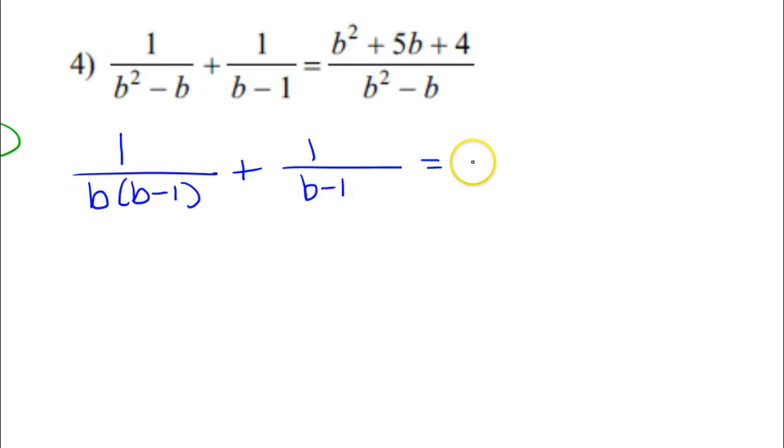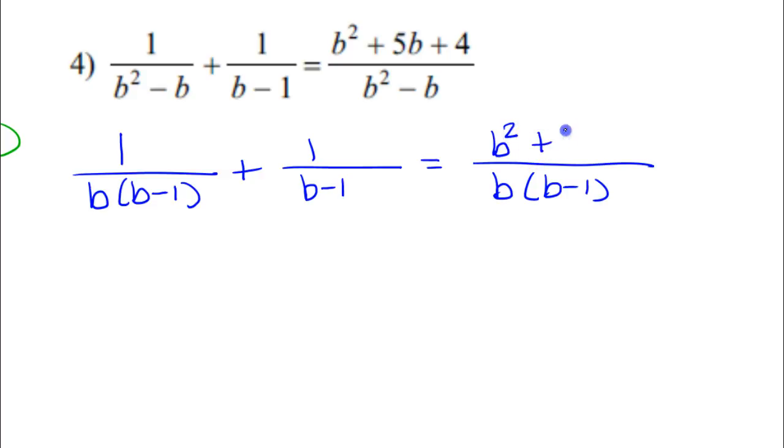Okay. And then same thing here. B squared minus b, that's that GCF of b, and then b minus 1. There's no need to factor this up here. There's no need for that, except for if something cancels. But even if it did, it would have to match this anyway, so I'm not going to bother.